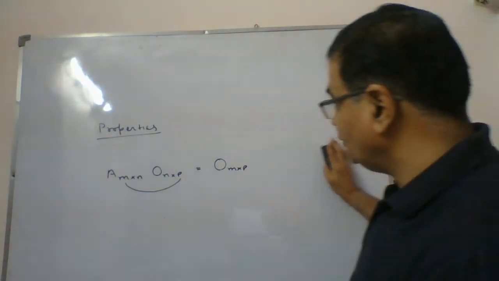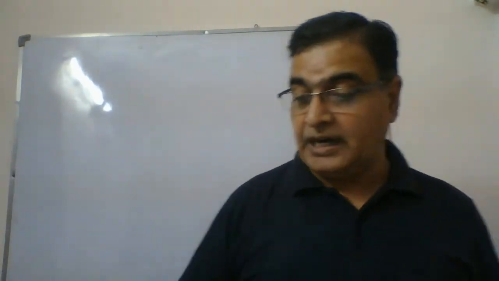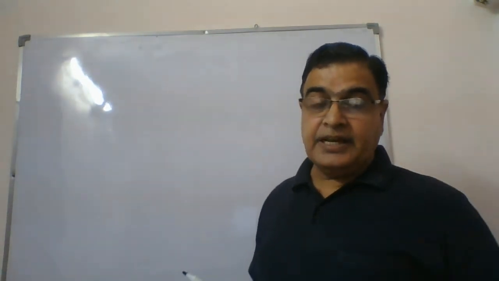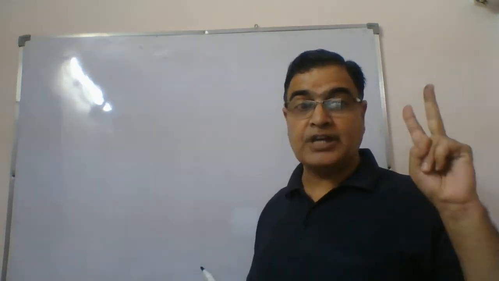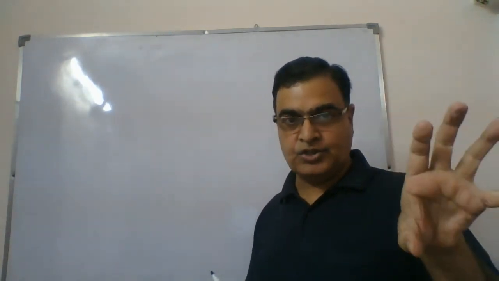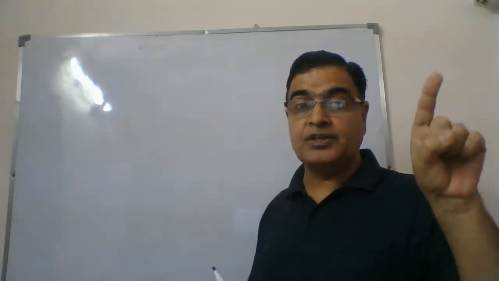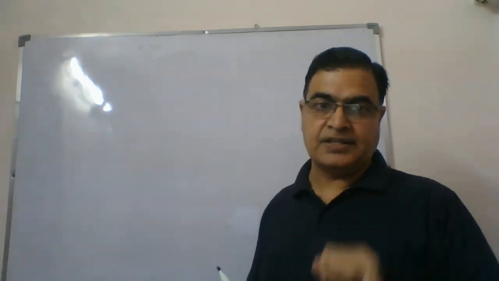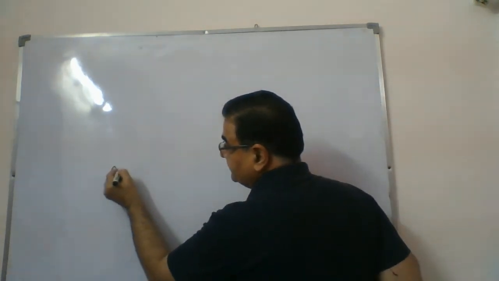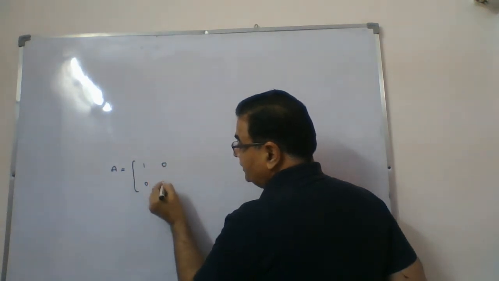Now here is one more thing to keep in mind. Some questions they ask in short questions: are there any two non-zero matrices, where non-zero means not all elements are zero, but still the product comes out zero? For example, take a matrix A with elements 1 0 0 1 0 0.